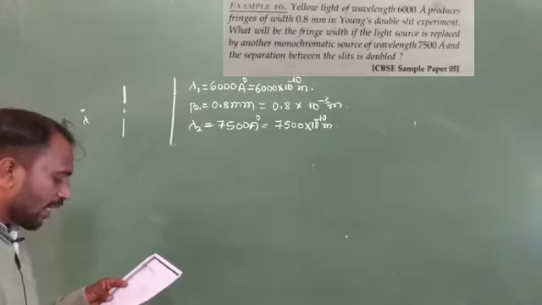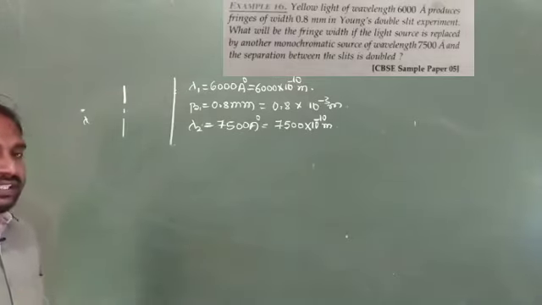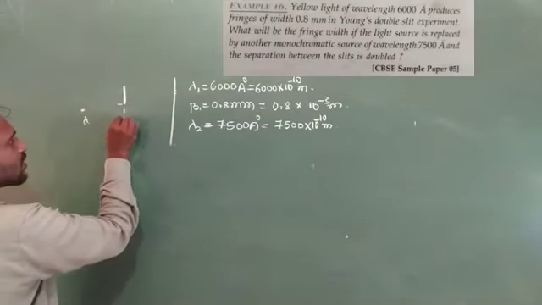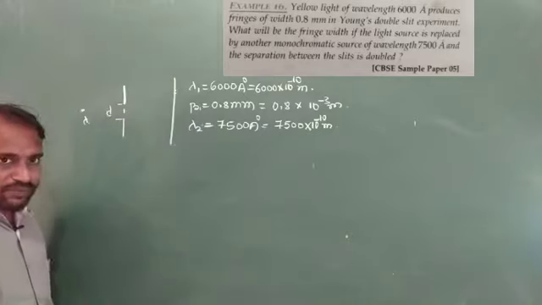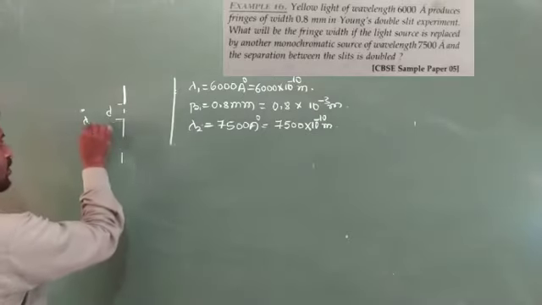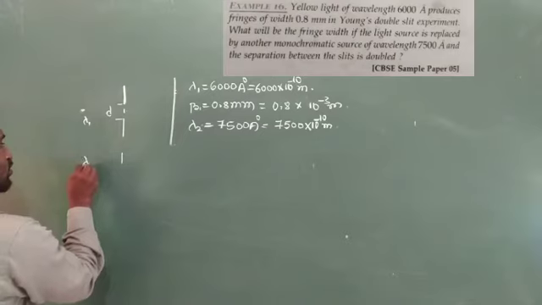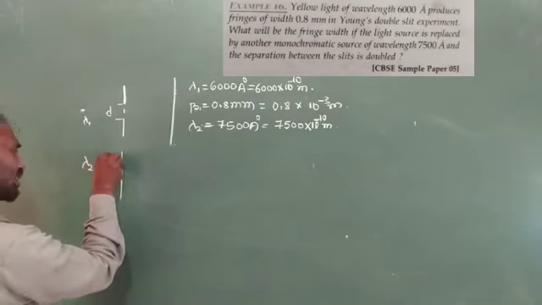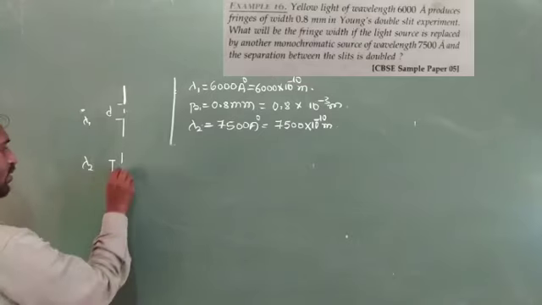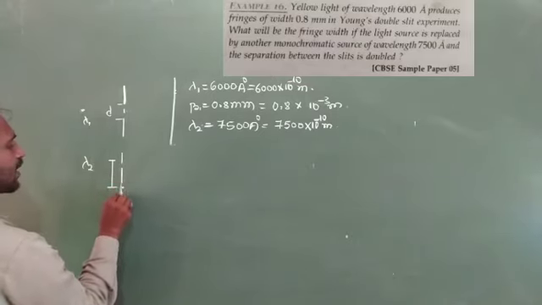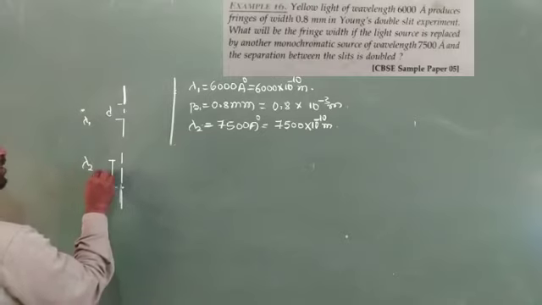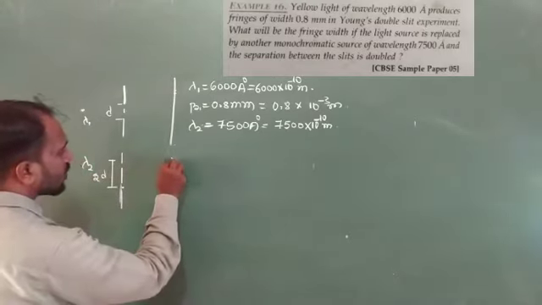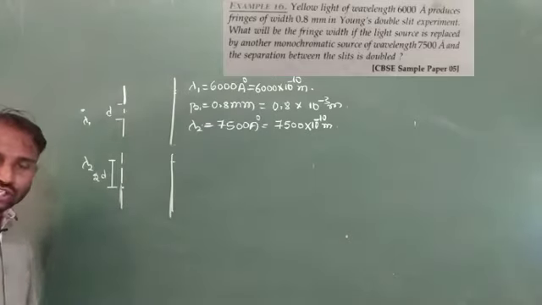Next one, the separation between the slits is doubled. Initially we consider that the slit distance is d. This one is lambda 1. When we use the second wavelength, the distance between the slits increases by 2 times, which means 2d.